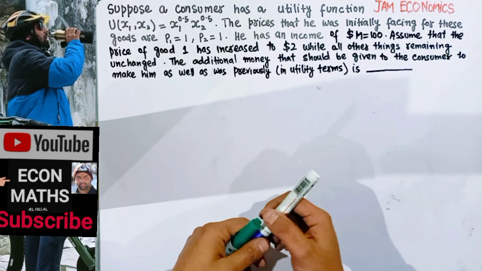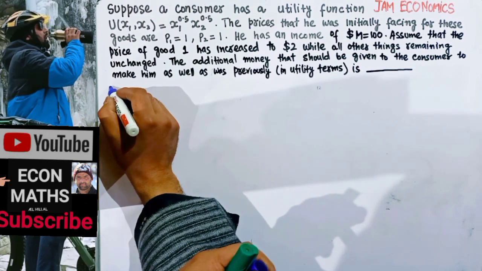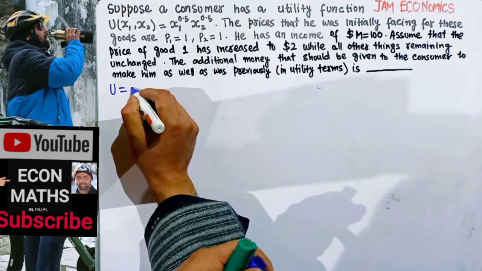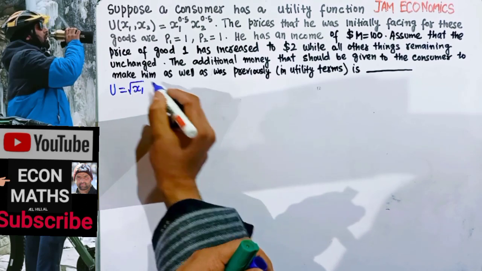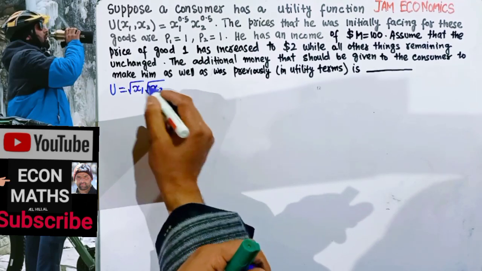Okay, what is our utility function initially? So our utility function is, let me write it here, u is equal to x1 to the power 0.5, which can be written as under root x1, and x2 exponent can also be written as under root sign.